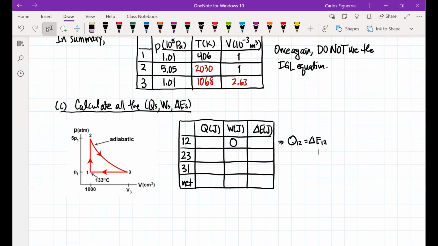I need the isobaric process between 3 and 1.